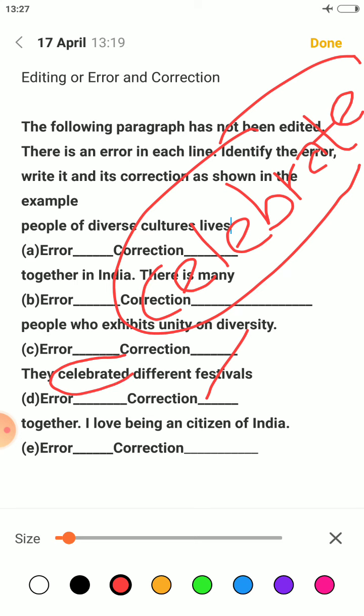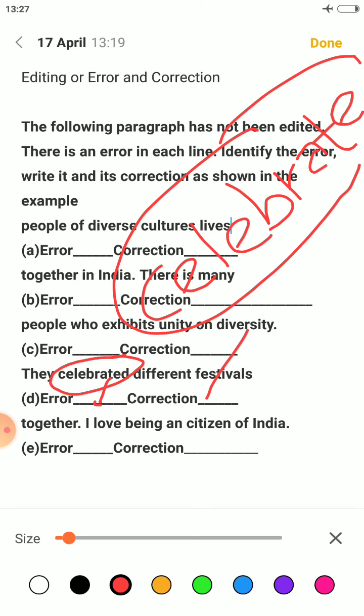So celebrated is an error because the sentence is in present tense, but celebrated shows past tense. So the correction should be celebrate.